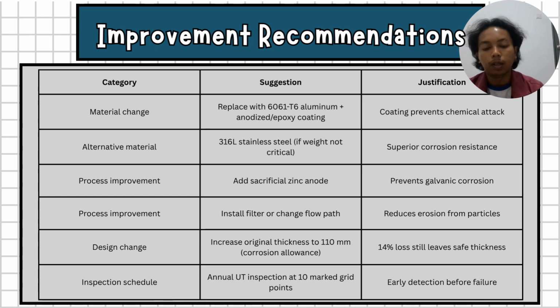And for process improvement, add a small zinc part that corrodes instead of the main part. And then process improvement. Clean the liquid or change how it flows so the particles don't eat away the surface. Design change. Make the part thicker to begin with.